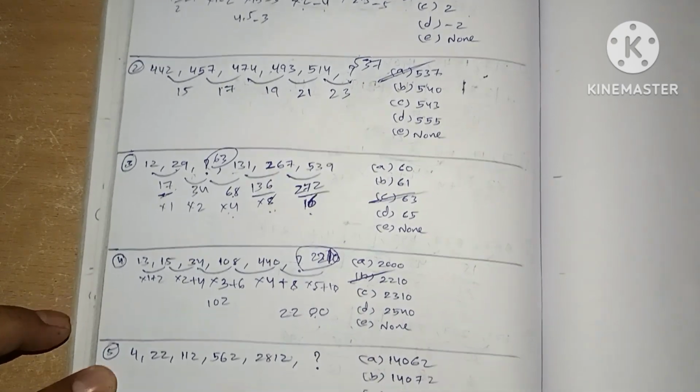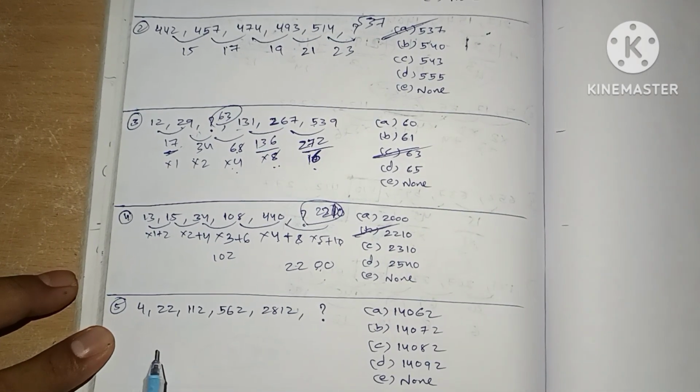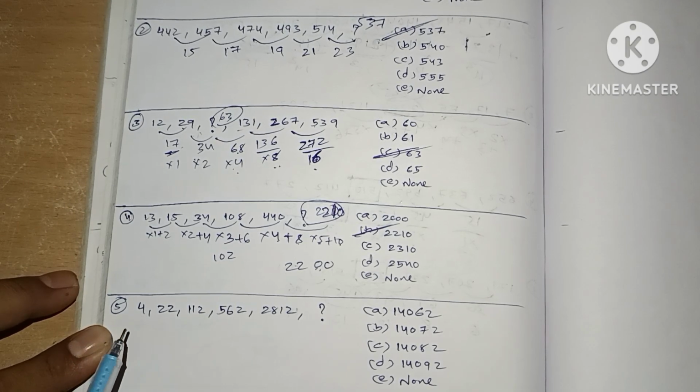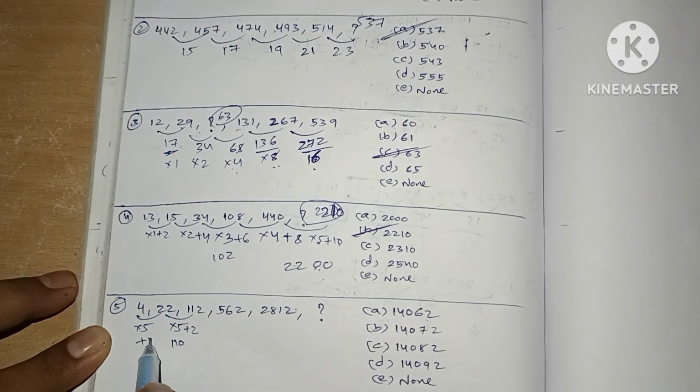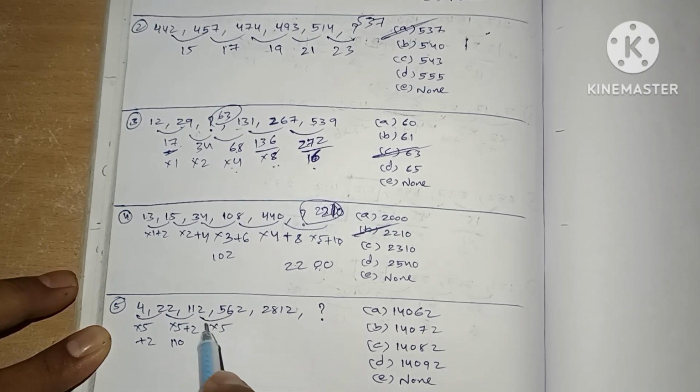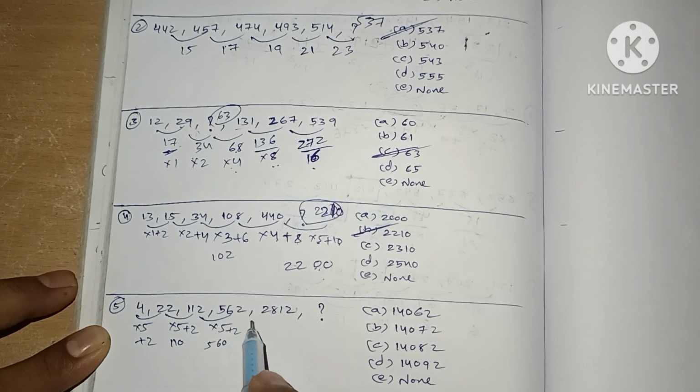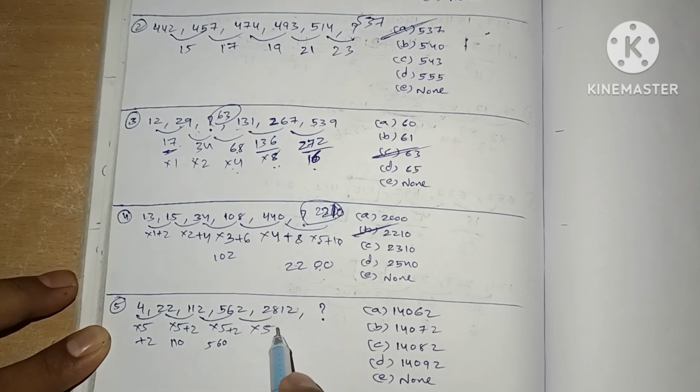Next, fifth one. Here it is clear that this is into 5 times, which will be 110 plus 2. It is into 5 times 20 plus 2. Here it is into 5 times 60 and 560 plus 2. So here it must be into 5 plus 2.